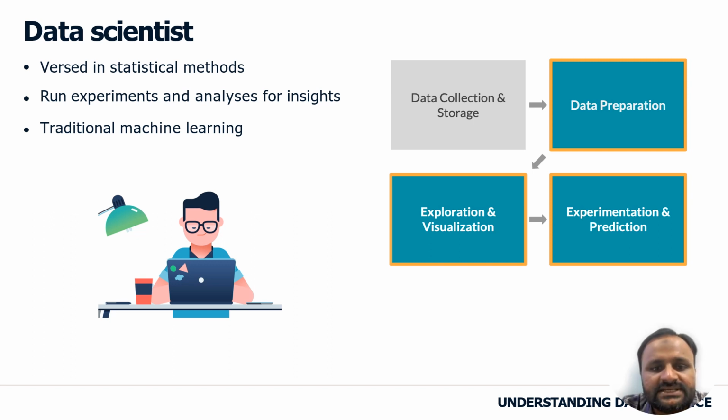Rather than just describing data, they also use traditional machine learning for predictions and forecasting. Within the workflow, they focus on the last three stages: data preparation, exploration and visualization, and experimentation, as well as predictions.